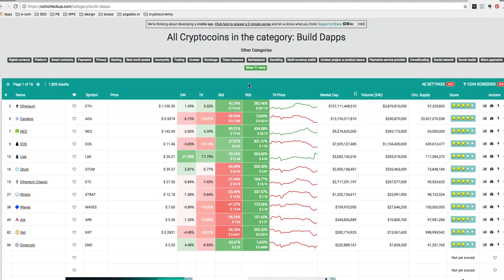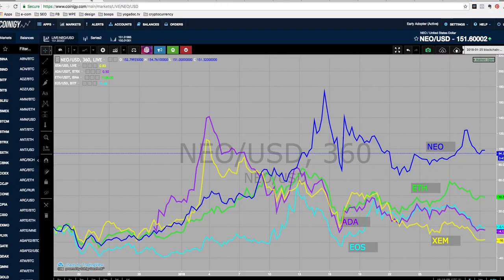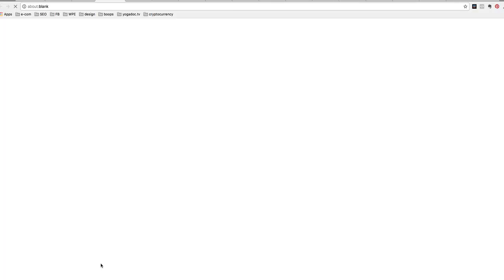So Coin Checkup in combination with the cryptocurrency heat map on Yahoo Finance and building your own charts. I use Coinigy to build the charts. These charts are by TradingView, so there are lots of charting tools out there. This is just the one that I use.